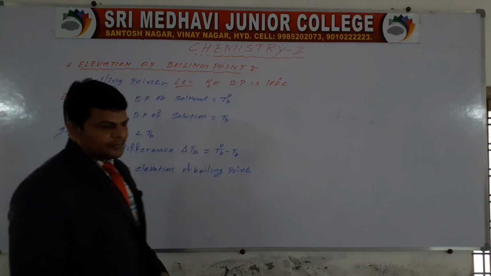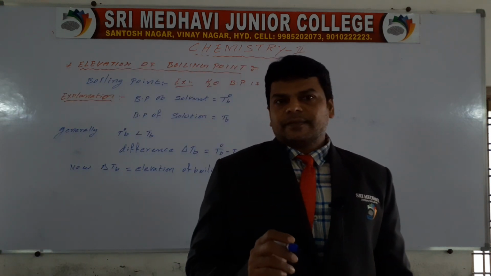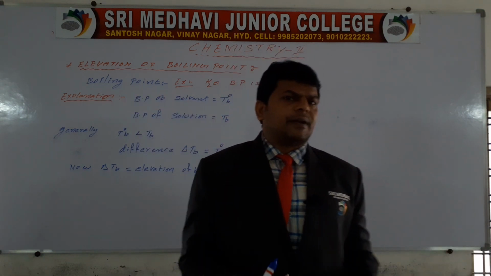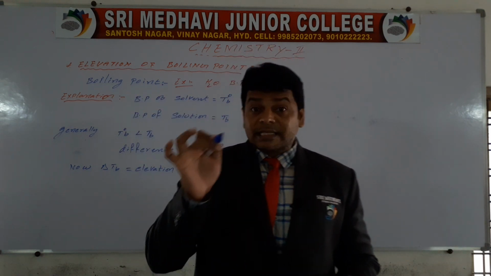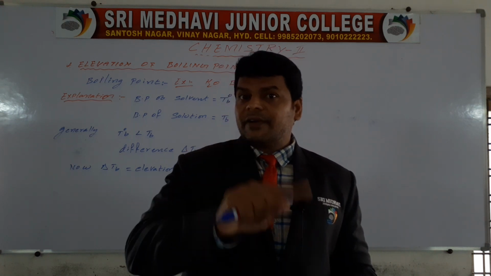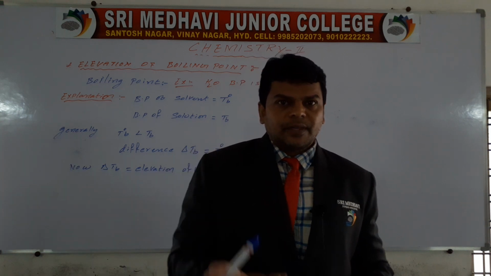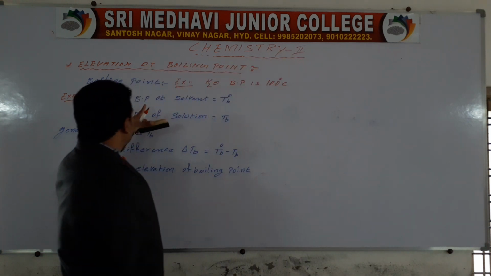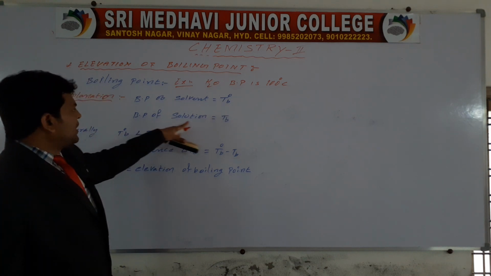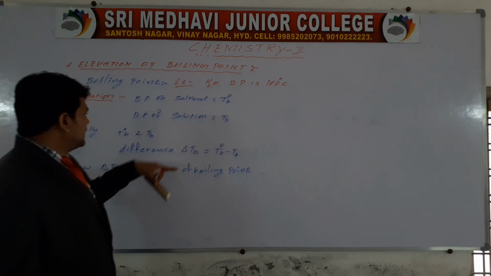Boiling point means the temperature at which the liquid boils, when the vapor pressure of the liquid is equal to atmospheric pressure. Here, the boiling point of the solvent I am taking as T naught B, and the boiling point of the solution as TB.